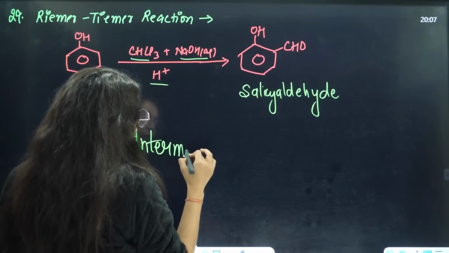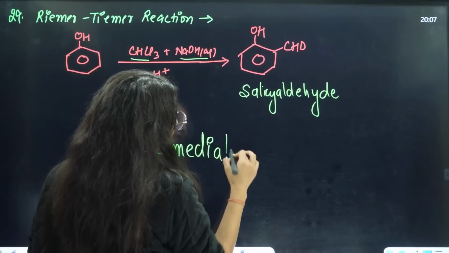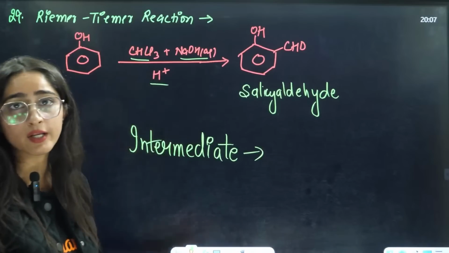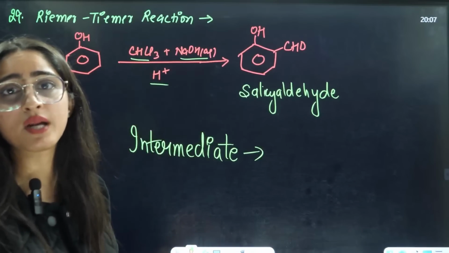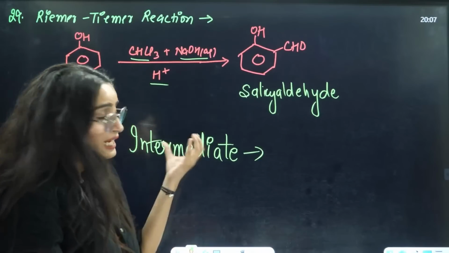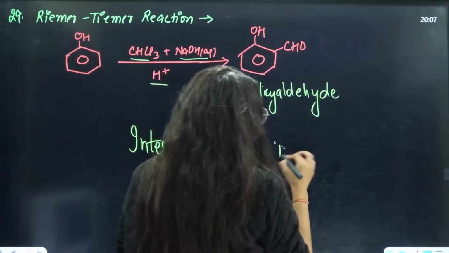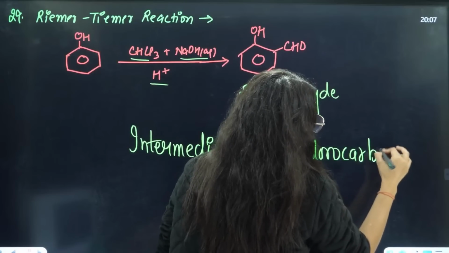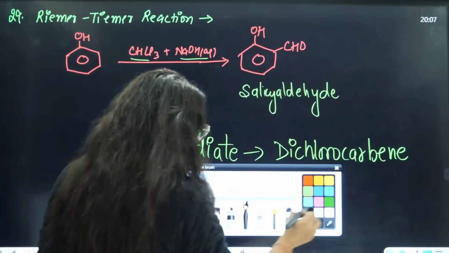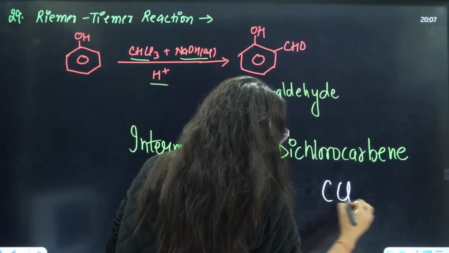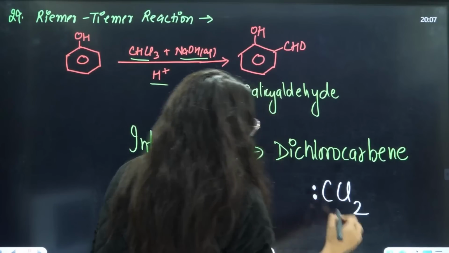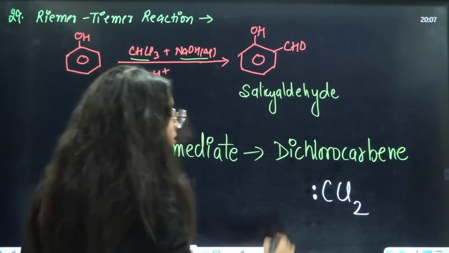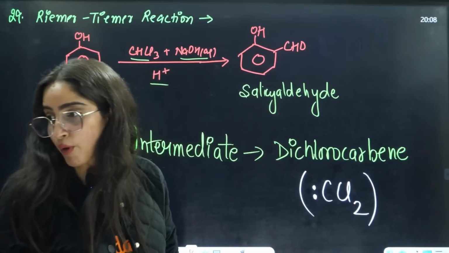Anybody in the chat box? This is your NEET PYQ. A simple question has been asked in NEET. The intermediate is dichlorocarbene, that is CCl2, and this is your carbene. This is your intermediate. Very, very important question.